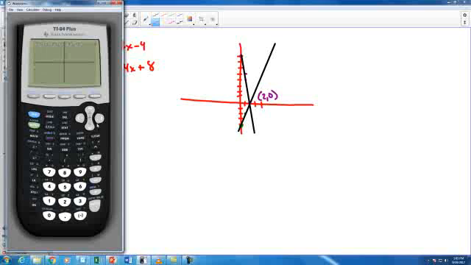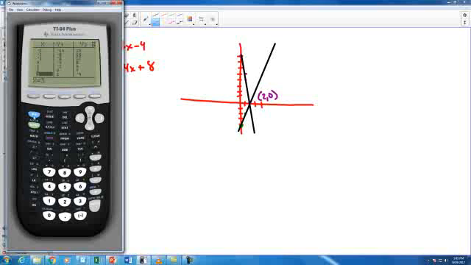And if I go ahead and graph those, do they look similar to the graph that I created? Yes. Does it look like they're crossing at (2, 0)? Yes. To check, I can go to the table, which is the second function of graph, go to when x is 2, and you notice you have a 0. That tells me (2, 0) is a point on both lines, meaning it's the solution.